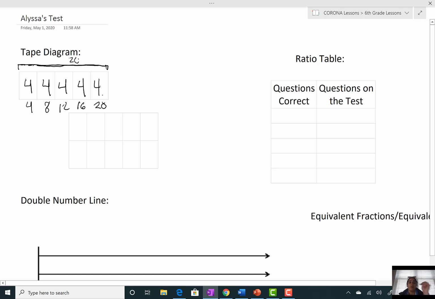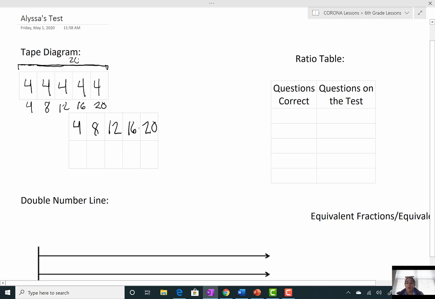If she got 20 out of 20, she got 100%. So I'm going to use that in comparison to make this into an equivalent ratio out of 100. So look, I'm going to do the same thing. 4, 8, 12, 16, 20. This is how many Alyssa got right.